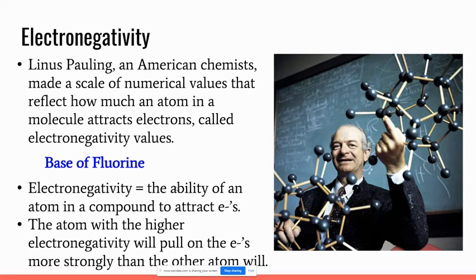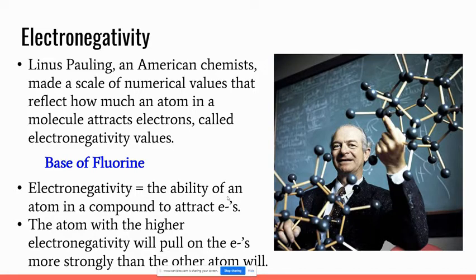Our next trend is electronegativity. Electronegativity was a scale that Linus Pauling made up, and it is numerical values. They give values to each atom, and fluorine happens to be our base. Fluorine is the element on the periodic table that wants electrons the most.